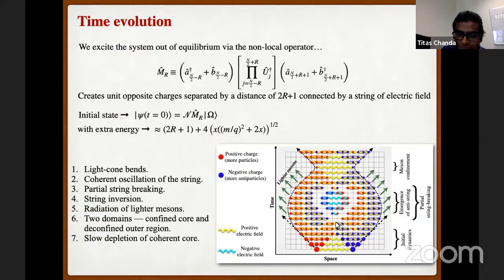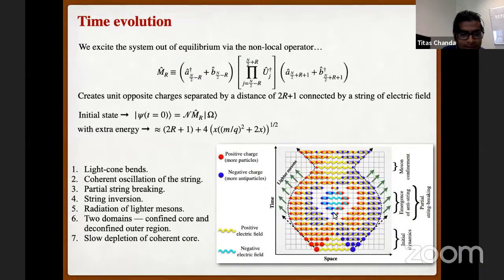If the screening of the electric field via these charged clouds is strong enough, then in the middle we can have a string breaking phenomenon, and we can also see string inversion, or the anti-string, that is the electric field with a different sign.